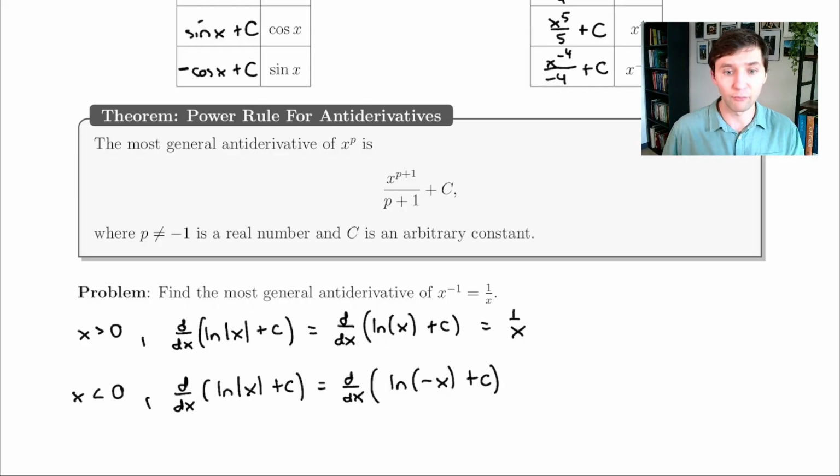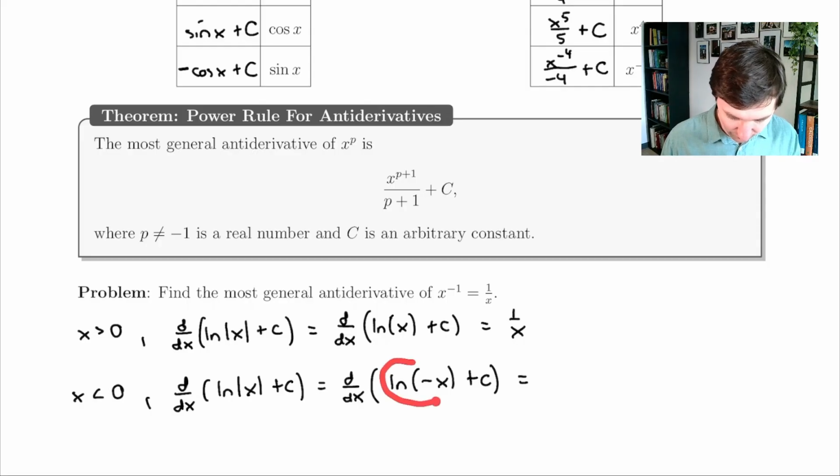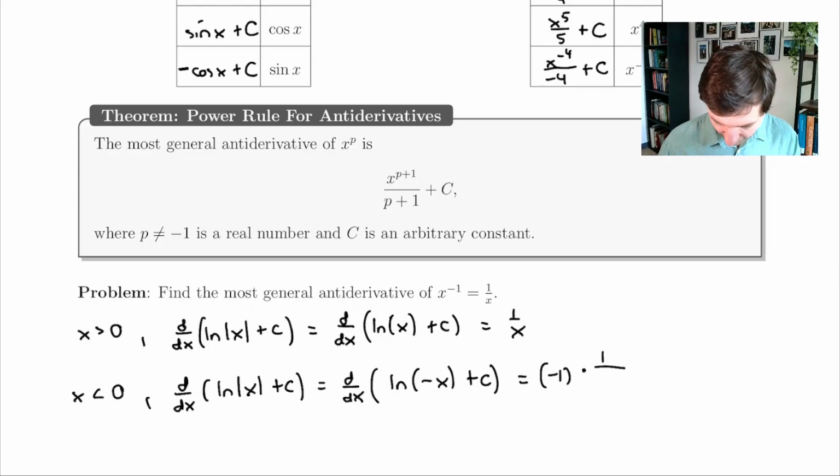That's how we rewrite absolute value whenever we know that the input in the absolute value is negative. Now to take the derivative, I use the chain rule. The derivative of negative x is negative 1. The derivative of ln is 1 over whatever was inside of ln, in our case, negative x. The derivative of c is simply 0. Now, minus and minus, they cancel out, and I get, again, 1 over x.